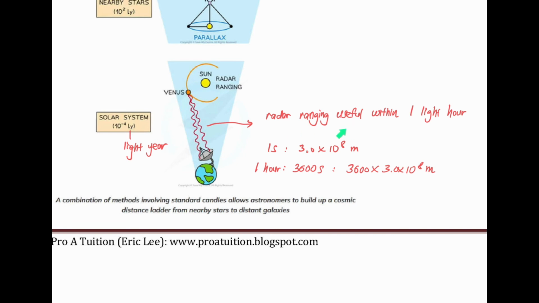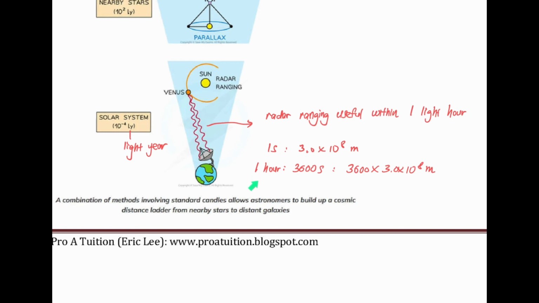And you know, this is 1 light hour. For 1 light year, we just count similarly. You change it to 1 day, then to 1 year, and then you can find out the distance. I cannot imagine the value unless I go and count it.